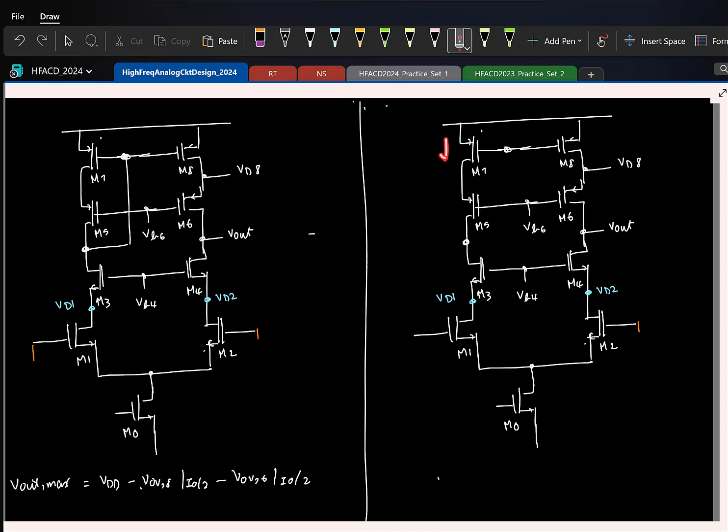If this current is greater than the rest of the current, this will increase. So I can as well connect the gate and drain of M7. I guess this is one thing one of you had asked in the last class. Same thing, is that okay? Similarly, I can generate VB6 also by doing a similar connection there.